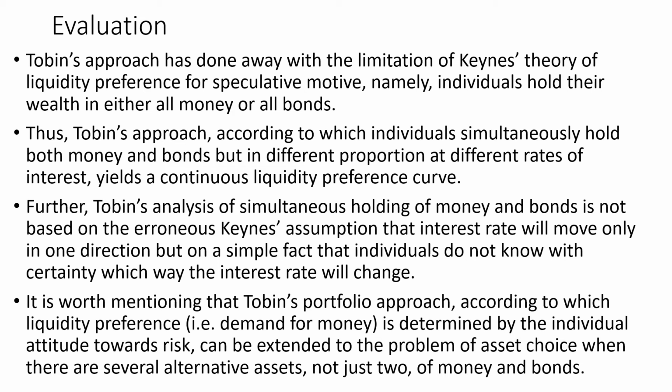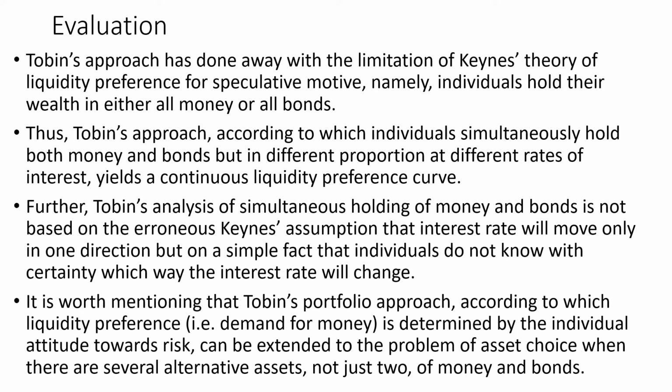But in the case of Tobin's approach, individuals simultaneously hold a balanced mix of both interest-bearing bonds and money in liquid cash in order to have a balanced division of the entire wealth of the person, so as to invest something in some safe and secure riskless asset and something in some risky asset which will bear a greater rate of return in the future.